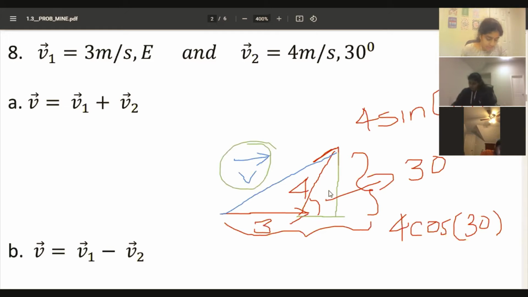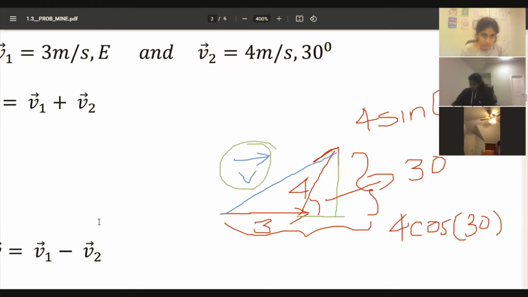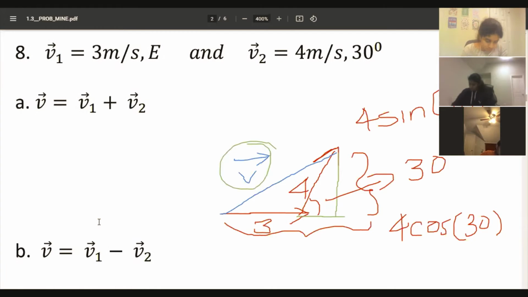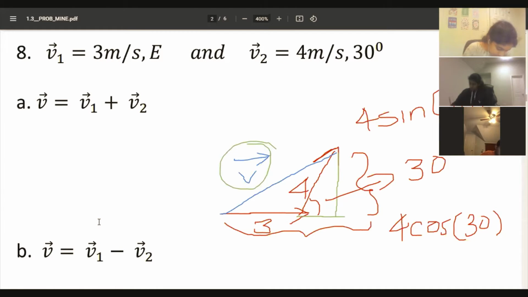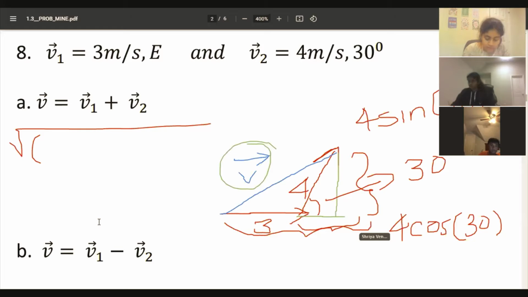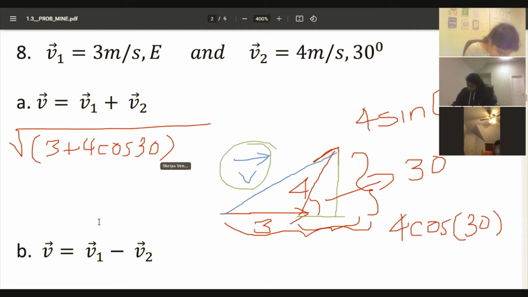So in order to find what V is, we basically just do the square root of 3 plus this value, which is 4 times cosine of 30, squared, plus 4 sine 30, squared.